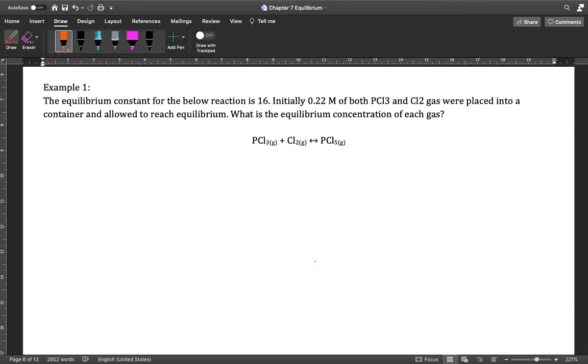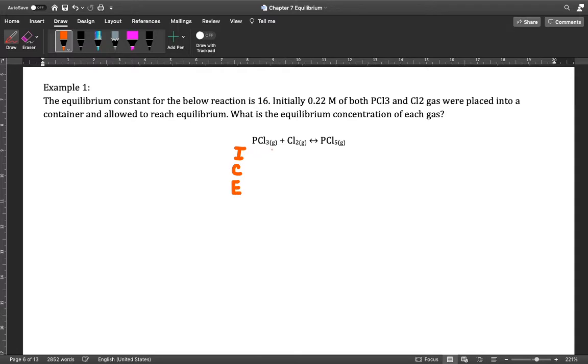Initially, you have 0.22 moles per liter of PCl3 and Cl2 gas, and they're placed in a container and allowed to reach equilibrium. We need to find the equilibrium concentration of each of these gases. So what I'm going to do is make an ice table. Remembering from last time, our ice table has our initial concentrations, our changes, and the concentrations at equilibrium.